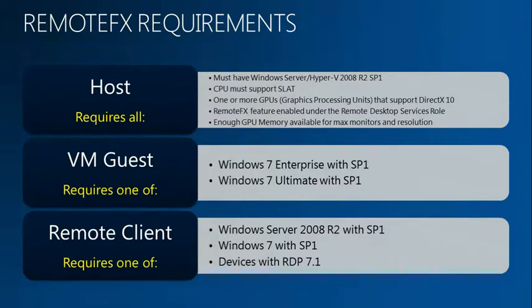We do not support XP. We do not support Vista. We do not support the Home Edition of Windows 7. It must be either the Enterprise Edition or the Ultimate Edition of Windows 7, and we must have Service Pack 1 on those. Now, that's the virtual machine environment in our VDI world. The remote client can be Windows Server 2008 R2 SP1, Windows 7 with SP1, or devices that support RDP Client 7.1.